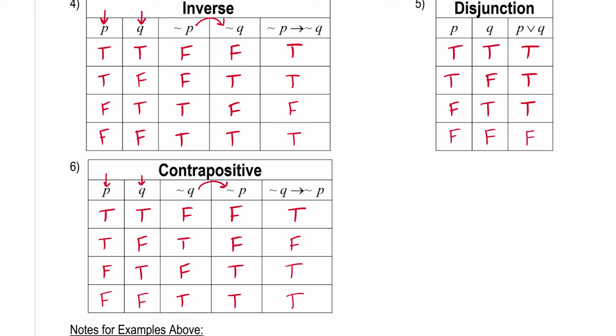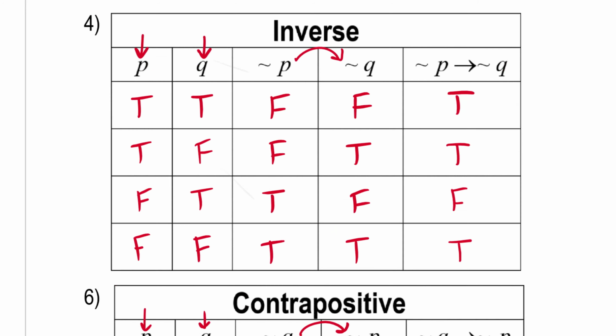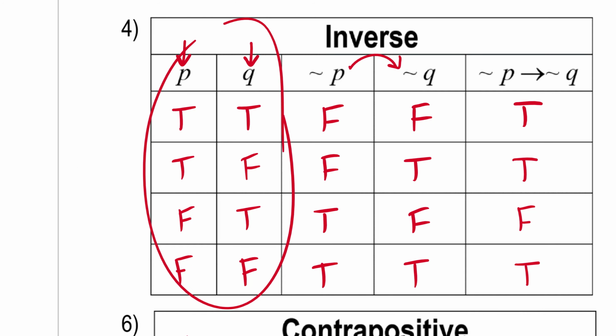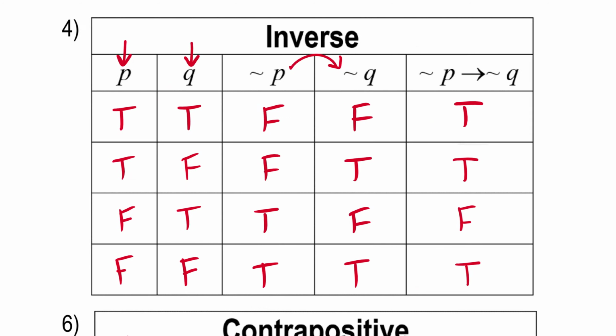I always start with P, Q, and on some of them you'll have R, so you'll have P, Q, R. Then I start getting the pieces to my statement on the end so that I can form the whole statement and get the answer. I don't want to just have these 2 columns and then try to get my answer. It's possible to do that, but it's very difficult. It's very easy to make a mistake if you don't write it all out, which is why I do.